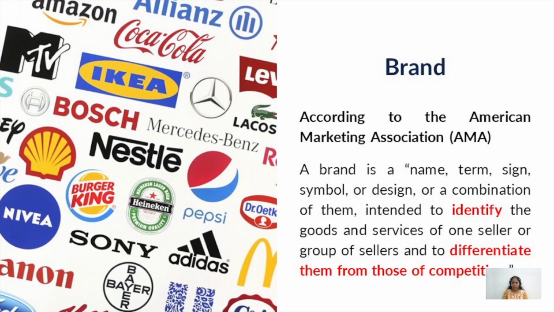But what made them prominent and famous is something we have to be careful about. It is the differentiation. These brands have been able to create a differentiation for themselves, wherein they have been able to prove that they are better, or maybe they are just different from the competing brands available in the market. And that is exactly what a brand is.